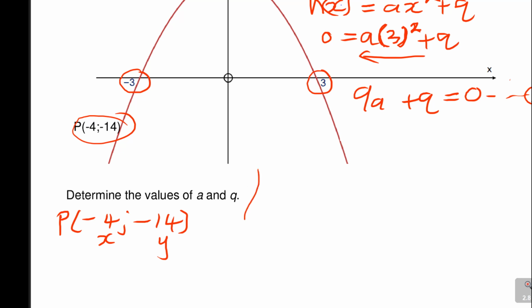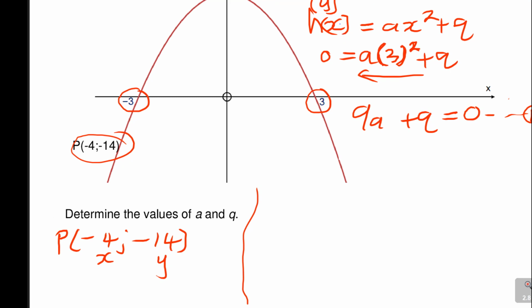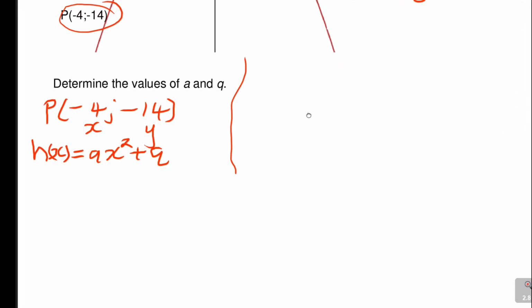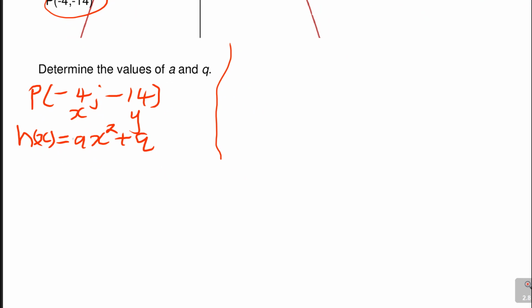So if I substitute similarly to the graph that I had, which was h of x, remember this point, is equal to a x squared plus q. Remember this. So if I substitute this here, so what am I going to have? Where there is h of x, remember this is the point y.